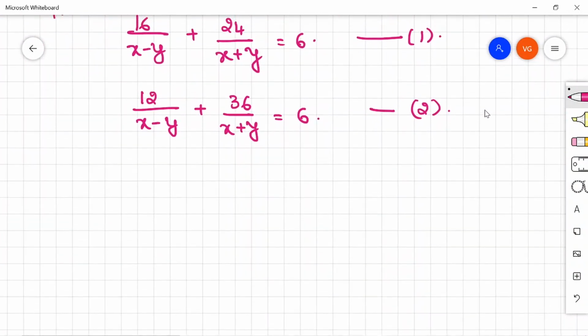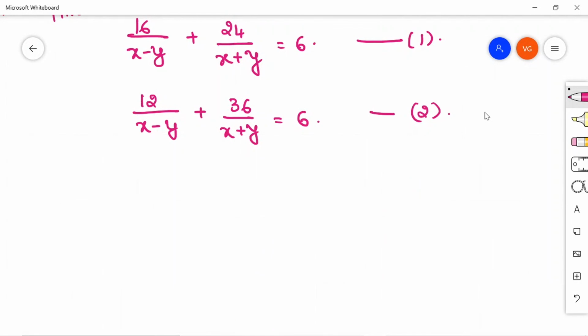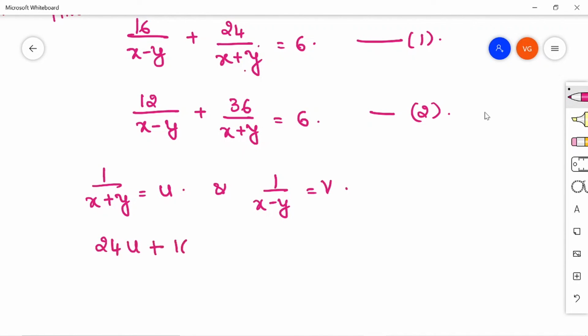For this, I will assume 1 by (x plus y) is equal to u and 1 by (x minus y) is equal to v. Now this will become 24u plus 16v is equal to 6. Similarly, 36u plus 12v is equal to 6.